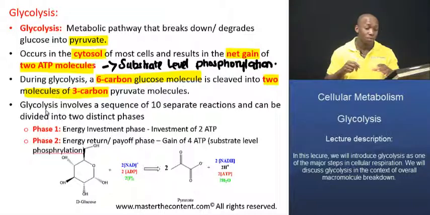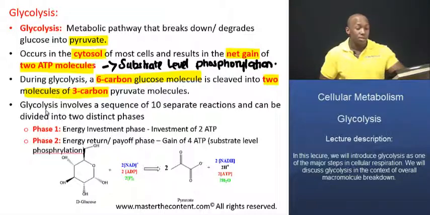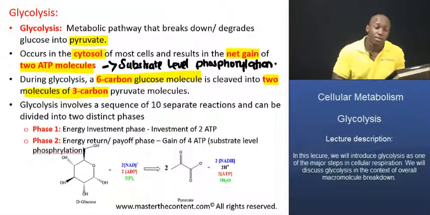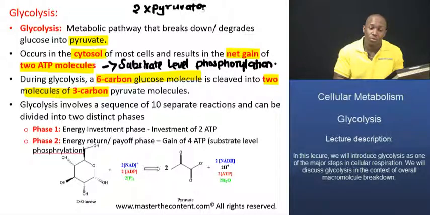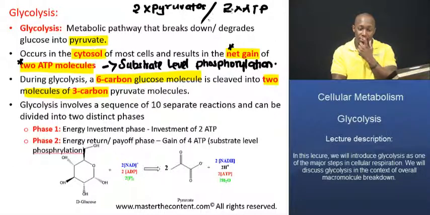Now, back to what we're talking about. For each molecule of glucose that goes through glycolysis, a number of things are produced. I've already told you that we produce 2 pyruvates. We also produce 2 ATP molecules, a net gain of 2 ATP through substrate level phosphorylation.